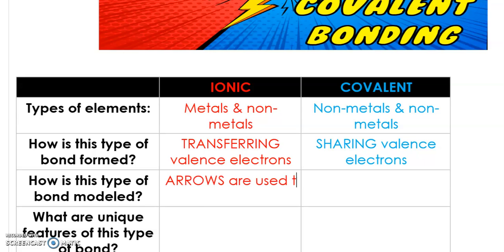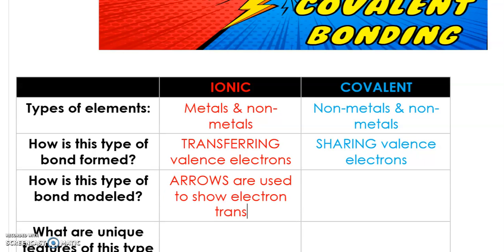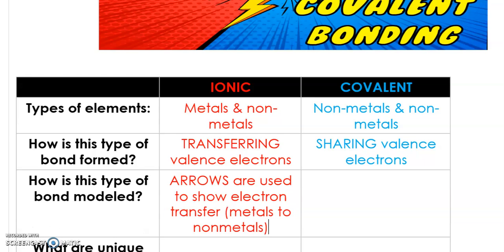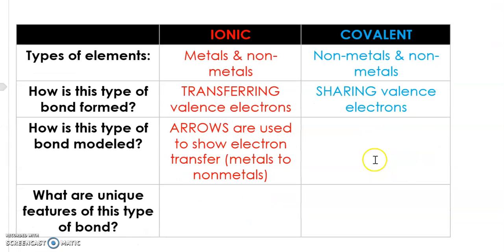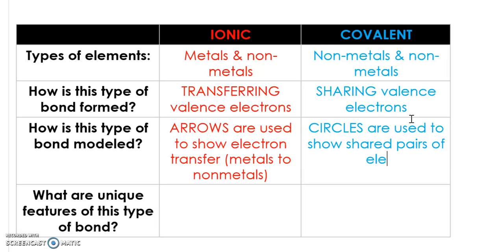So arrows are used to show electron transfer, metals to nonmetals. Whereas covalent bonds, circles are used to show shared pairs of electrons.